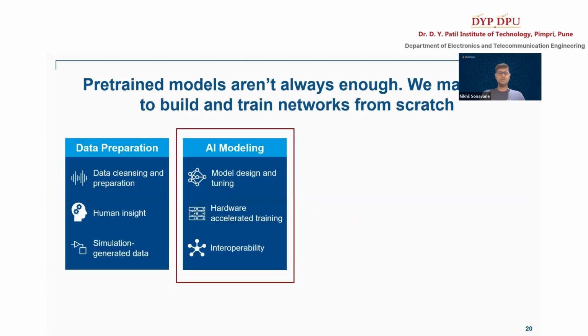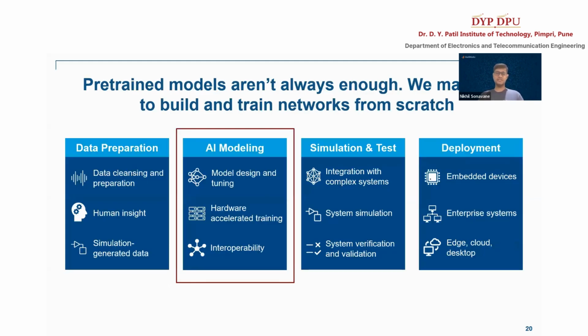Next, we are looking at the second stage. We looked into the entire workflow for deep learning network creation, right? The next part is the AI modeling part.